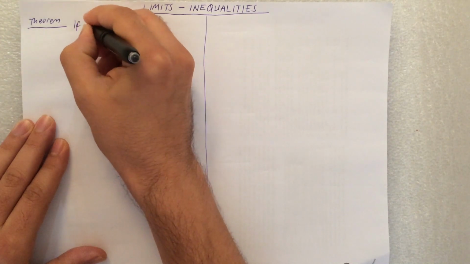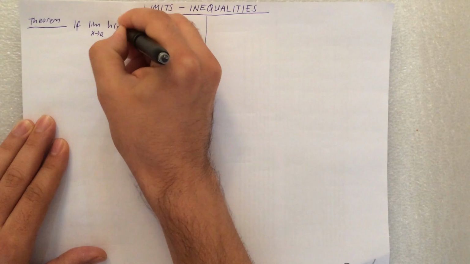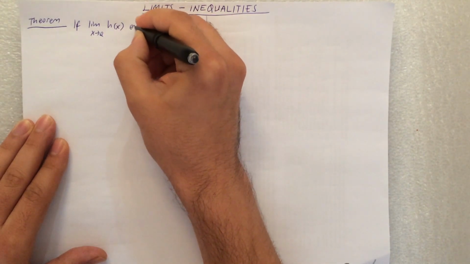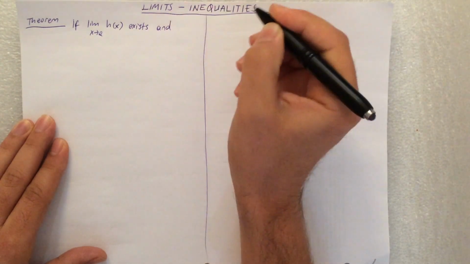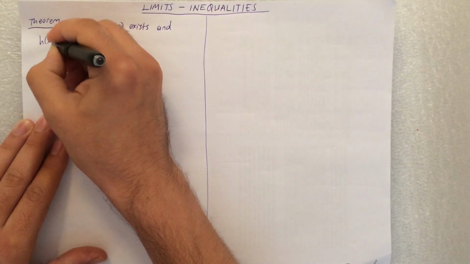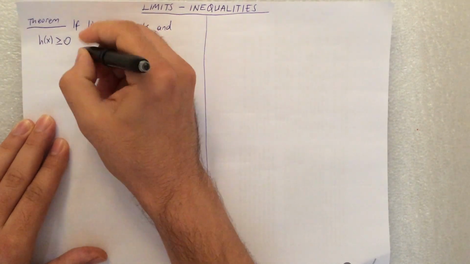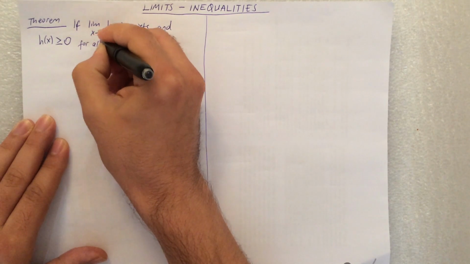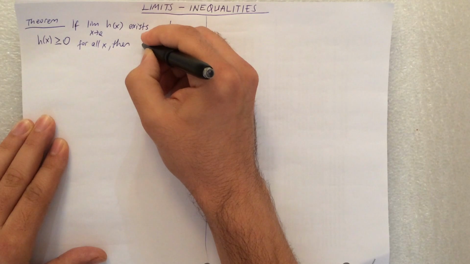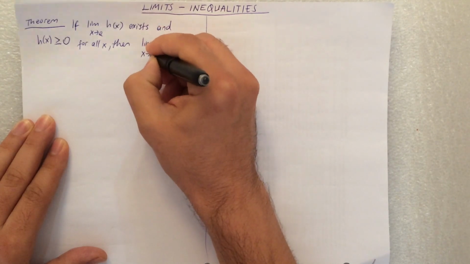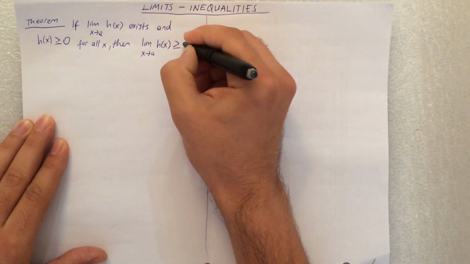If the limit of h(x) as x goes to a exists and h(x) is non-negative for all x, then the limit as x goes to a of h(x) is also non-negative.